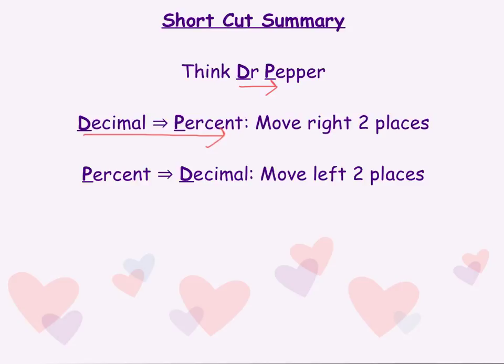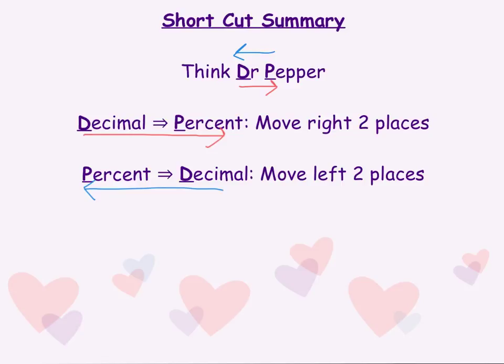But if I'm doing percent to decimal, we're moving to the left two places. If I'm going from a percent, now I'm starting at the P, going to the D for doctor, I have to move left in the word to put those in the same order.